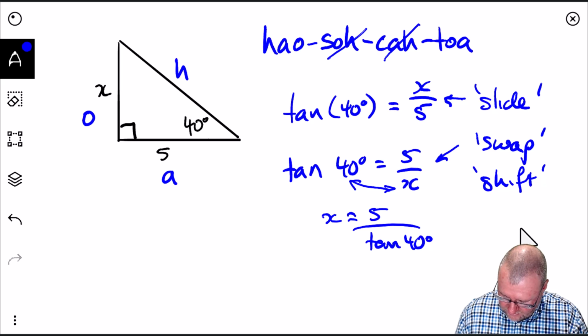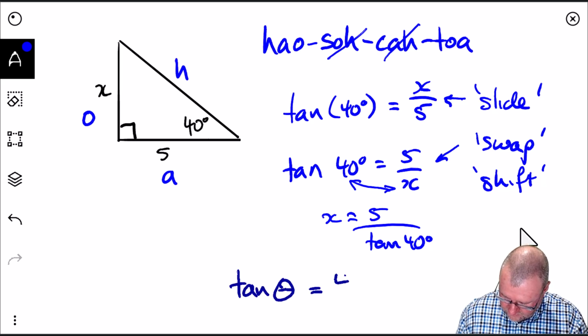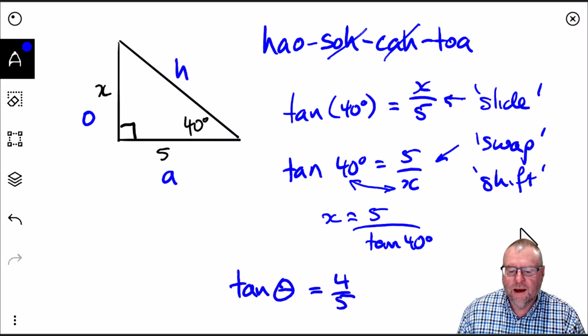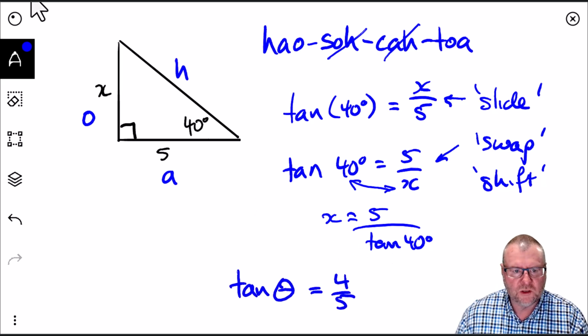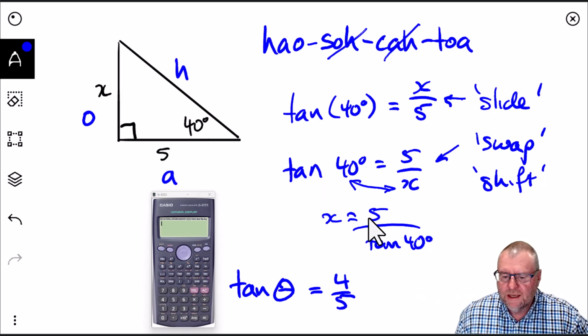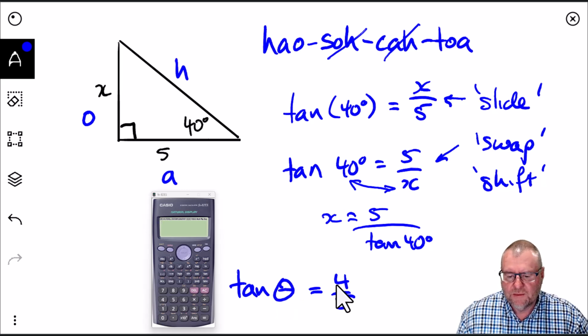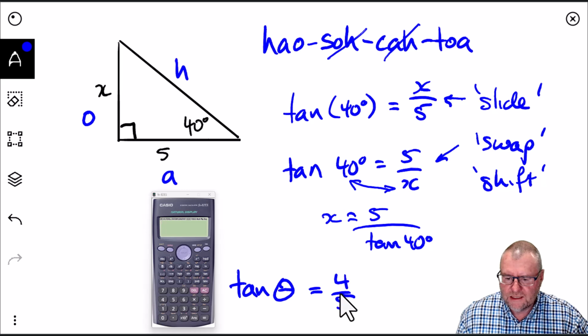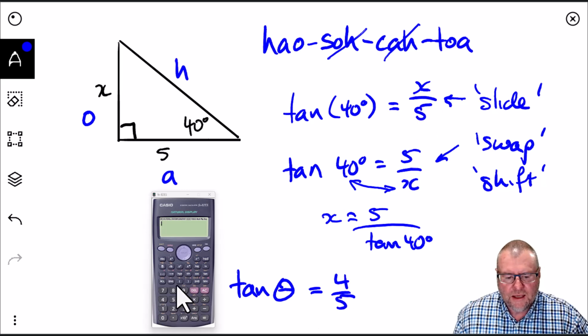The last one is shift. So if you're trying to find the angle, actually, I'm going to pause and just pull up my calculator. The reason I call this one a shift is we need to hit the shift button because we need to find this angle. So if I had tan of some angle equals 4 over 5, this is different to these because there's no letter in the fraction. I hit the shift button first.